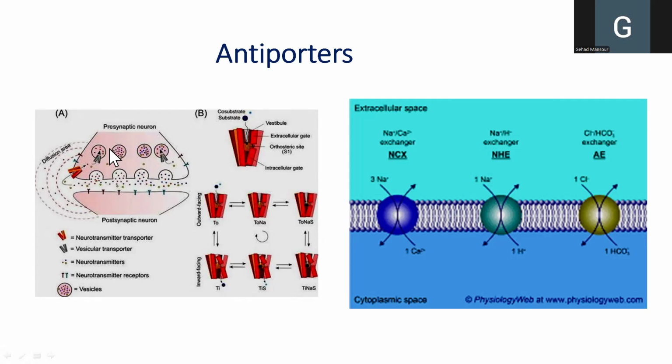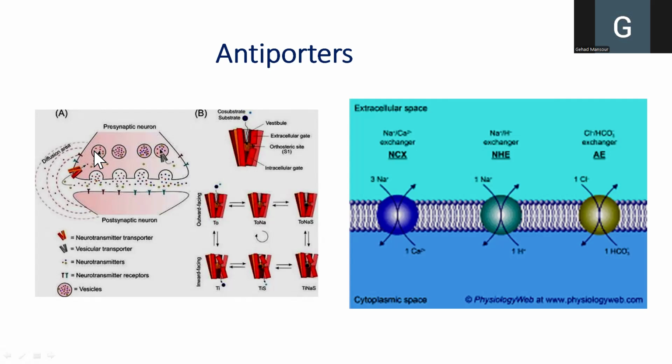You can see the synaptic vesicles that are surrounded by small membranes and that are full of neurotransmitters. Sometimes we want to reuptake the neurotransmitter and pump it again into the vesicles. You can see here what we call the neurotransmitter transporter that allows reuptake of the neurotransmitters and their accumulation in the synaptic vesicles, and in exchange there will be release of sodium ions.